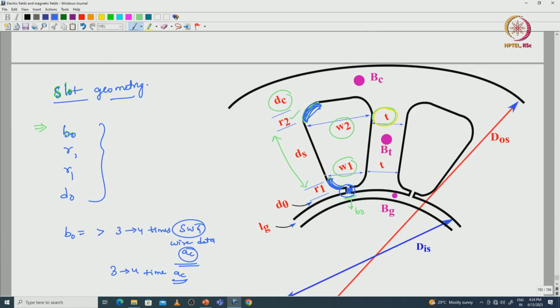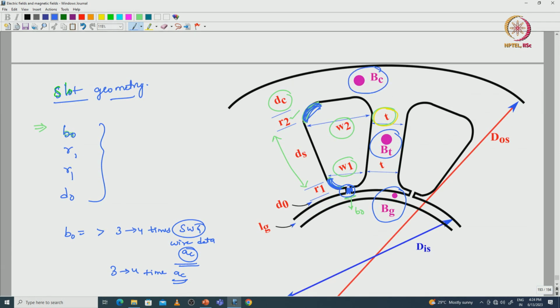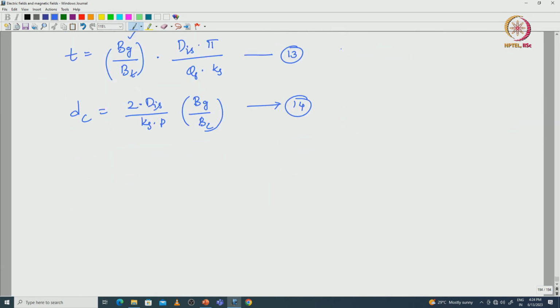From this image we have to write the equations for Bg, Bt and Bc. The flux per pole or average flux with respect to the machine: flux average is equal to phi t average, flux at the teeth average, flux at the core average, is equal to flux at the air gap average with respect to per pole.